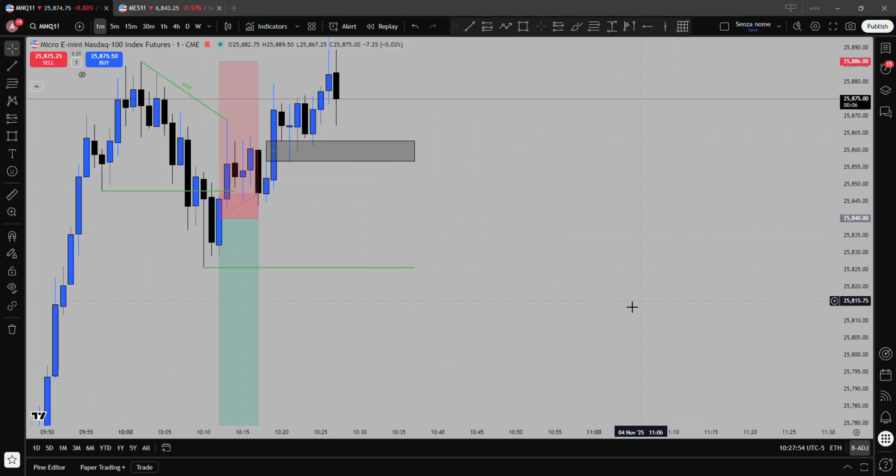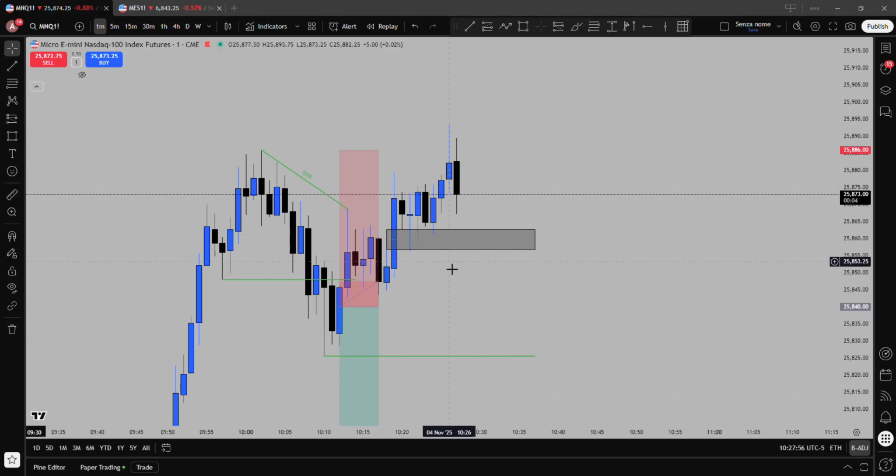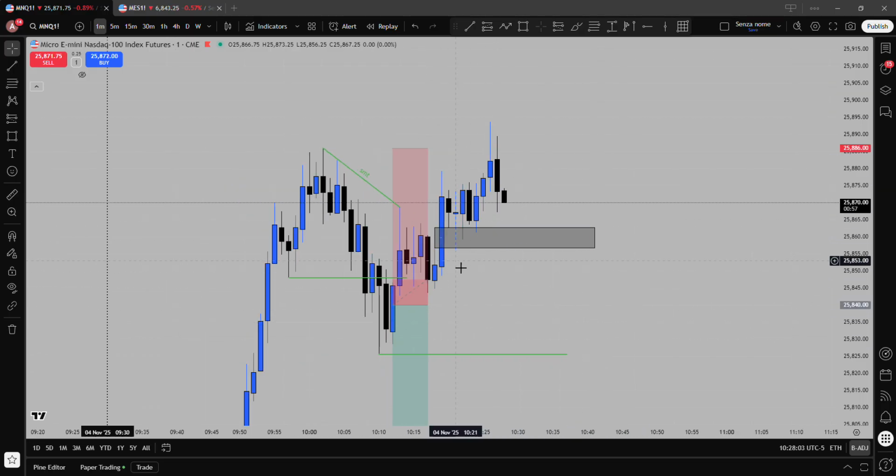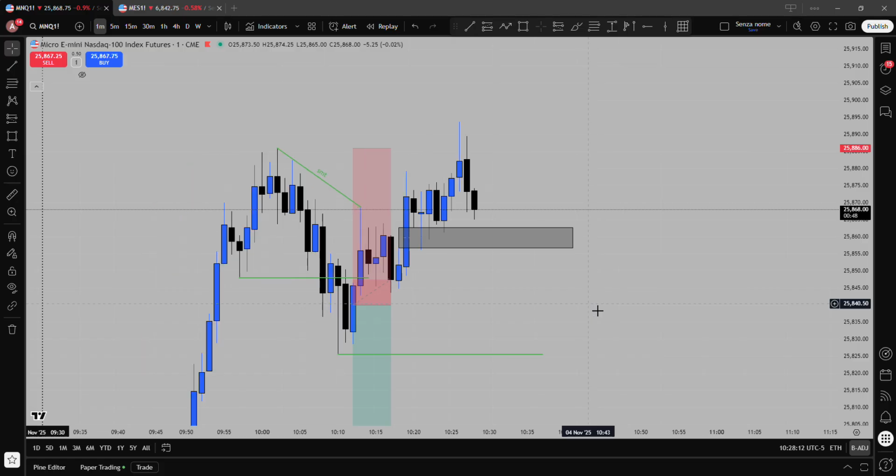If we can maybe inverse this fair value gap, maybe closing below this low right here, this could be another entry.